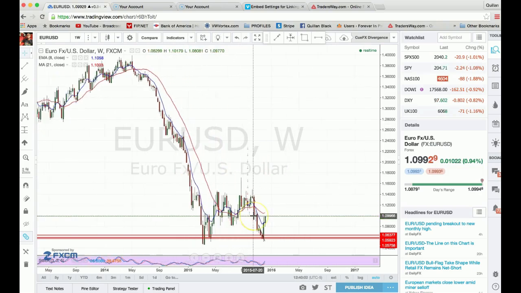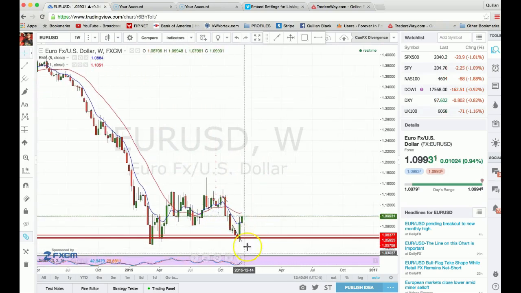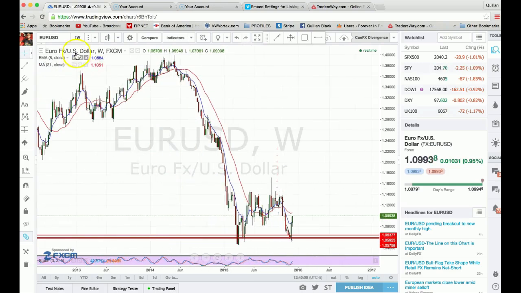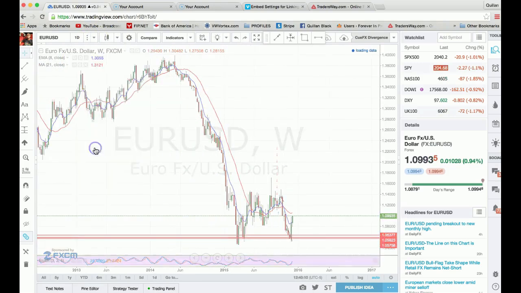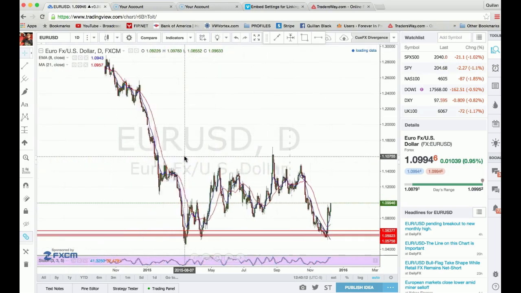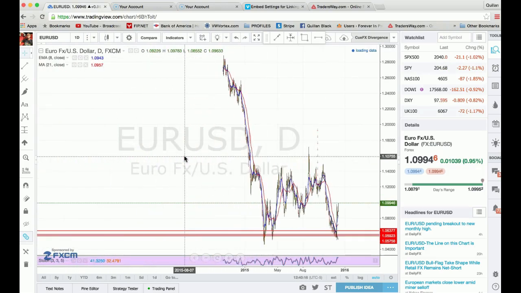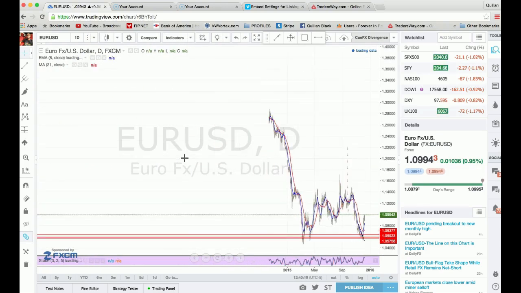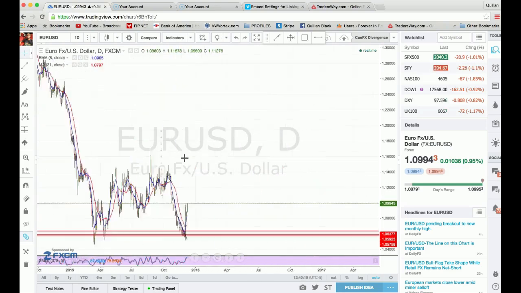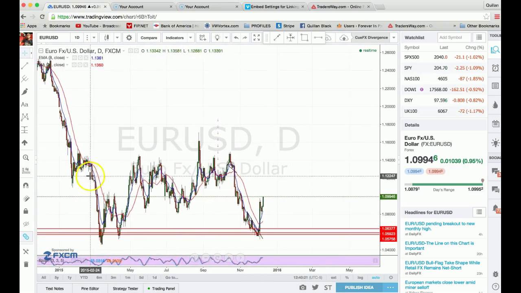Red is still over blue, red is still over blue. There's been a little bit of retrace right here, strong support. You just break it down, break it down. Overall, it's still a downtrend, with a lot of consolidation in this area.